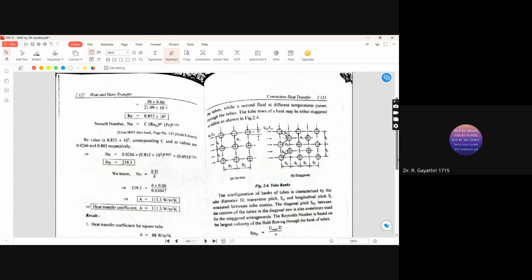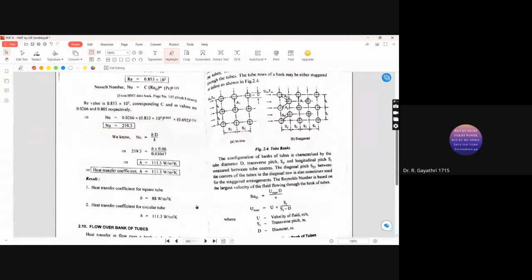In the Nusselt number equation, we can use the C value, m value, and Reynolds number value. For this Reynolds number value, the corresponding C and m values are given in the table. For the cylinder case, the obtained value is 219.3. So we can equate this value to the hd by k equation. The h value is 111.3 watt per meter square Kelvin.